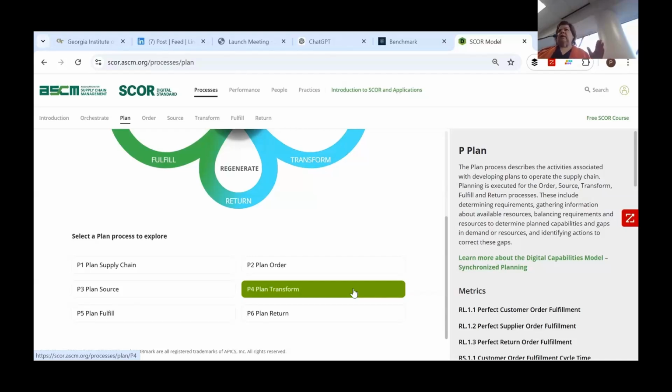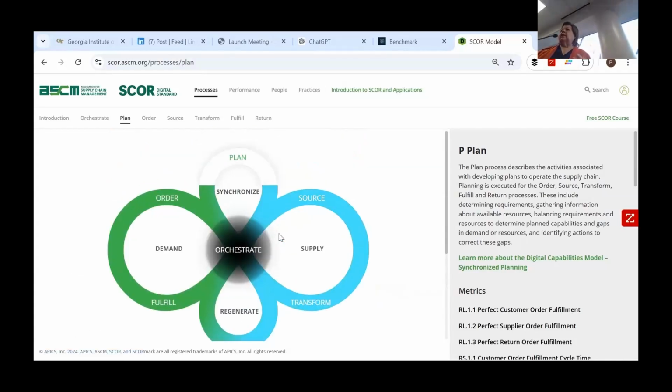And many people in industry will refer to SCOR benchmarking, which is a way that companies can compare themselves to others to say, am I doing well or not so well? It has evolved now for almost 2.5 decades, but it's based upon industry collaboration.